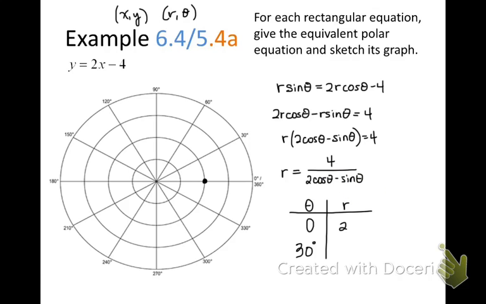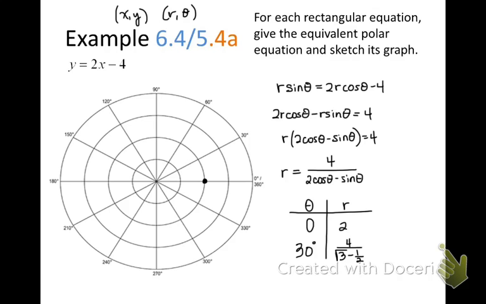So it's kind of ugly. You can punch it into your calculator and see, but you've got 4 divided by the square root of 3 minus 1/2. That's something that I wouldn't want you to do in your head. So you would punch it out on your calculator.